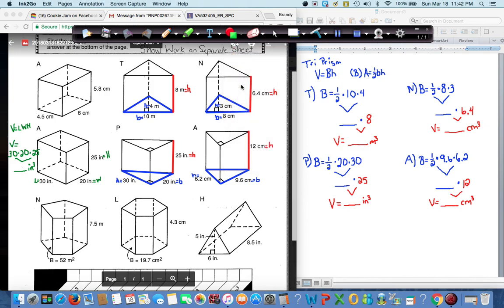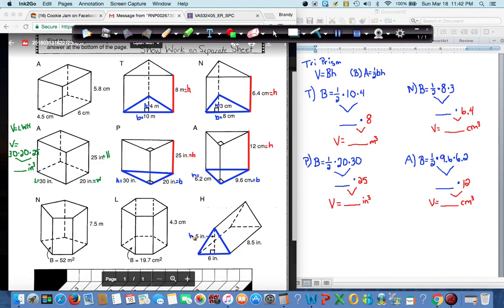So as you can tell, all these other triangular prisms were standing up. Okay, this one is laying down, but you do the same thing. You find the triangle. You see that? That's the triangle. If I were to tilt this up and stand it on its side, this would be the bottom part. So we have our height, the little height. See how it points to this line? You have to have a right angle for a height.